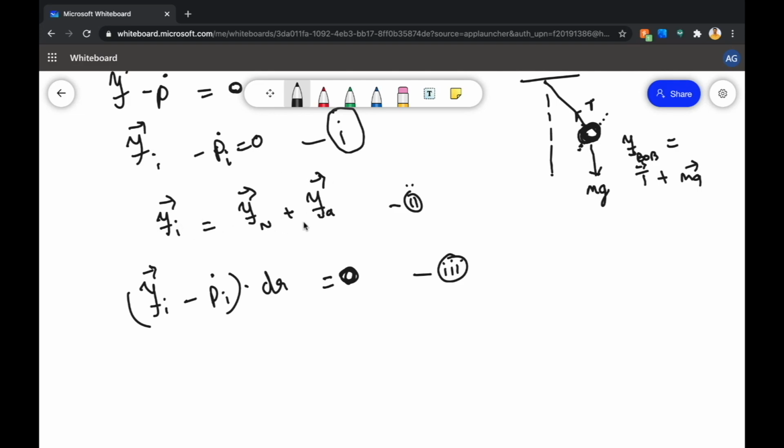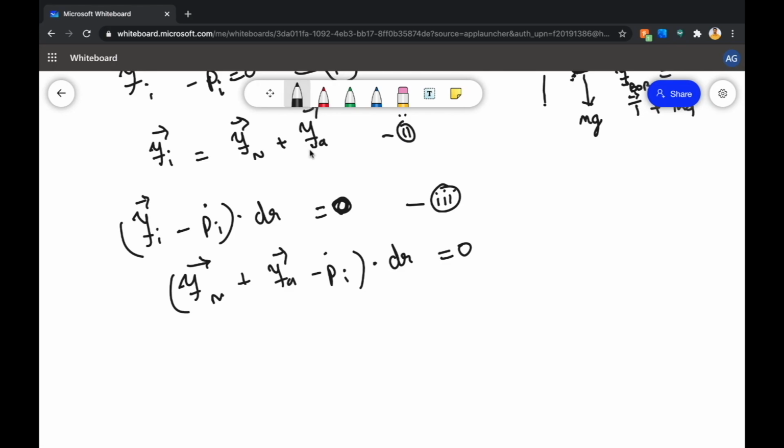So if I put this equation into this, it would be (Fn plus applied force minus p dot) dot dr equal to 0. So I dot product it, and I can write it as Fn dot dr plus (Fa minus p dot) dot dr equal to 0.